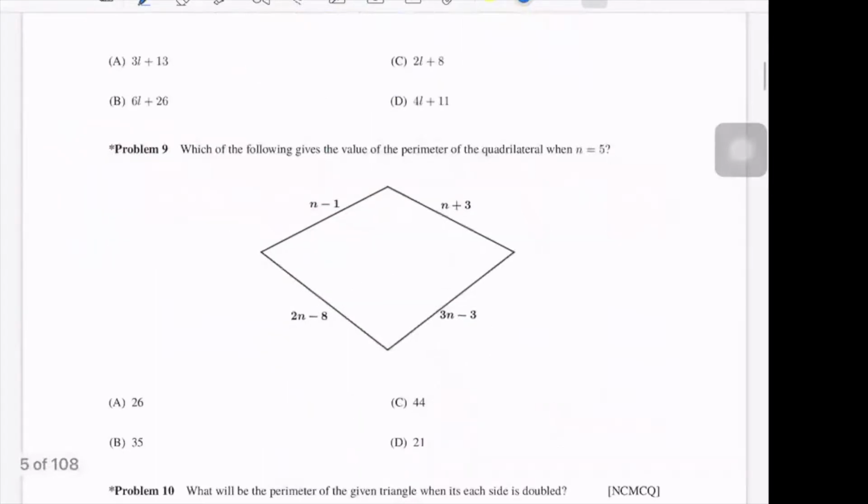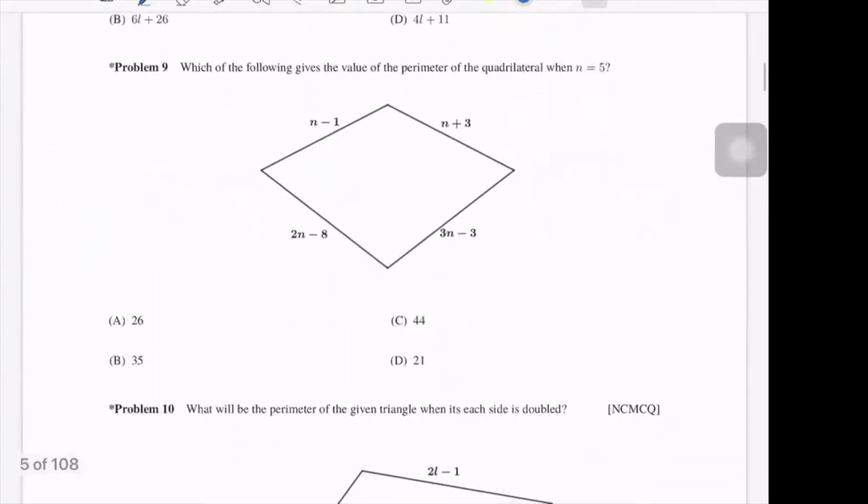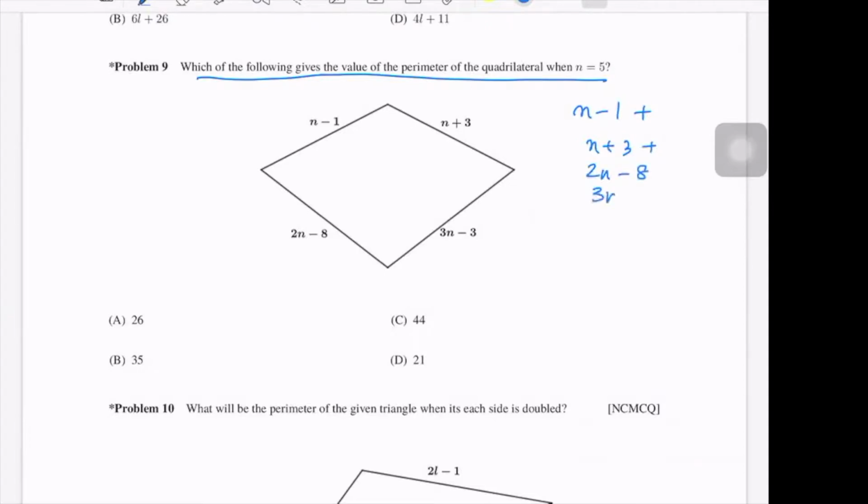Again, in this question, which of the following gives the value of the perimeter of the quadrilateral when n is equal to 5? Of course, the straightforward method is you just add n minus 1, n plus 3, 2n minus 8, 3n minus 3. So you have n, 2n, 4n, 7n, 7n minus 9.